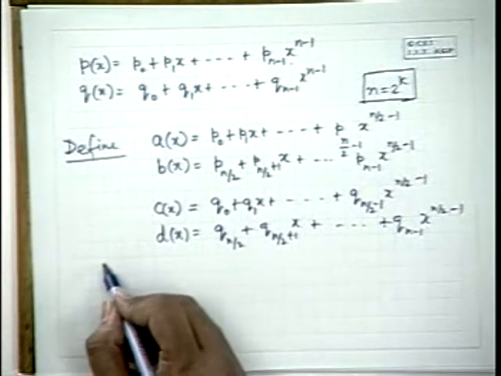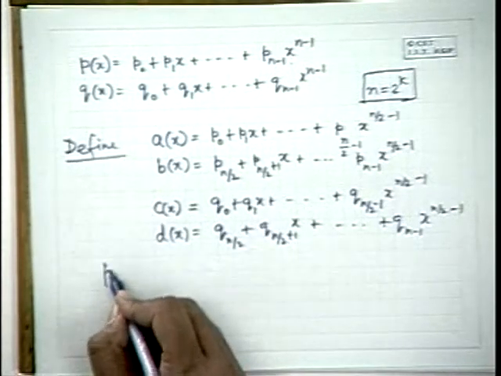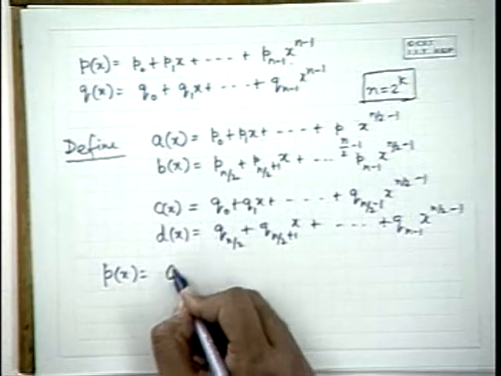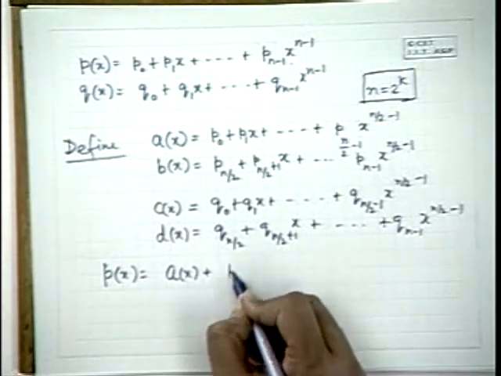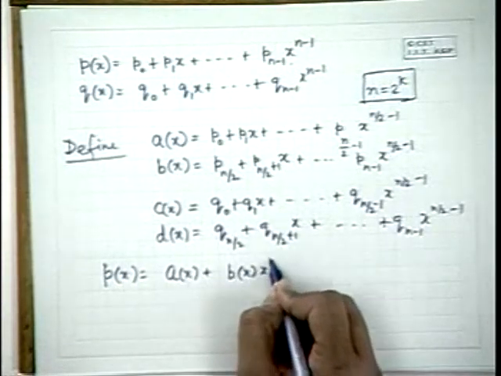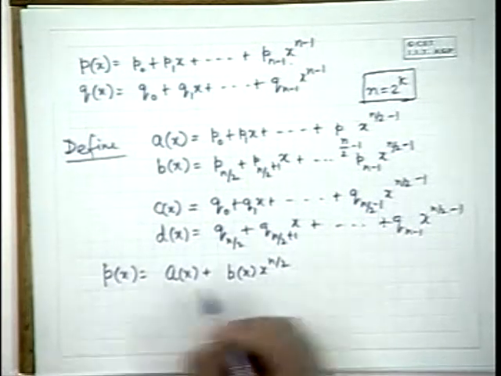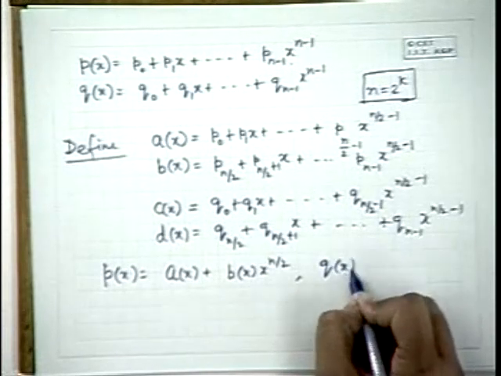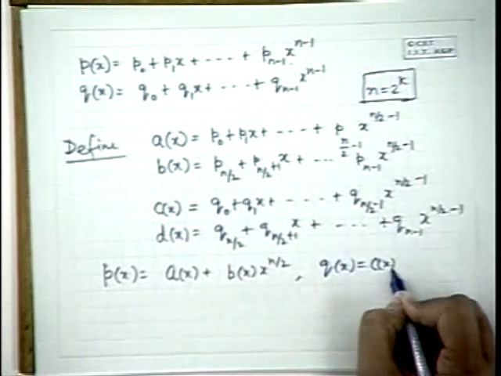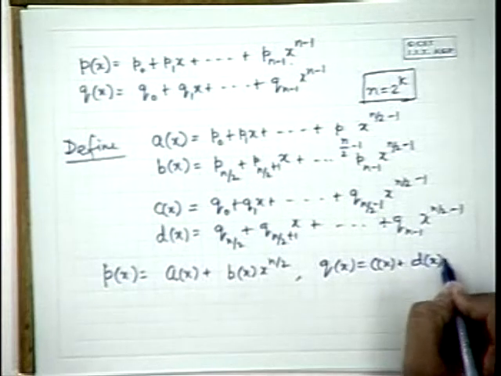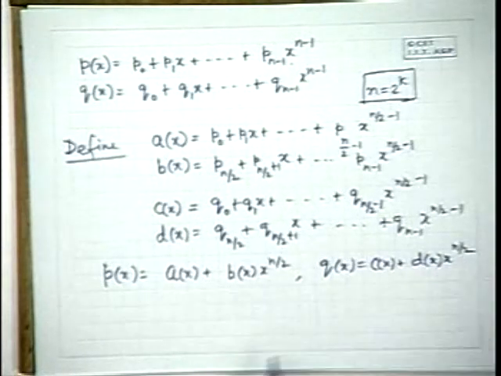So as I said, with this notation, px is basically ax plus bx times x to the power n over 2. You can verify it. It's exactly this. Similarly, qx is cx plus dx times x to the power n over 2.